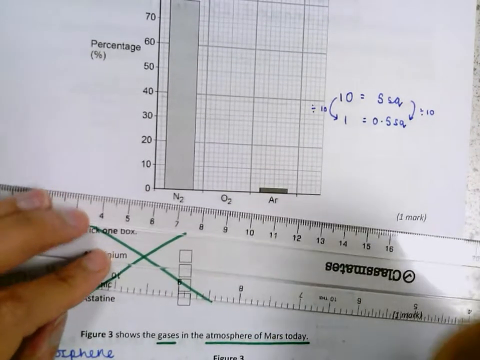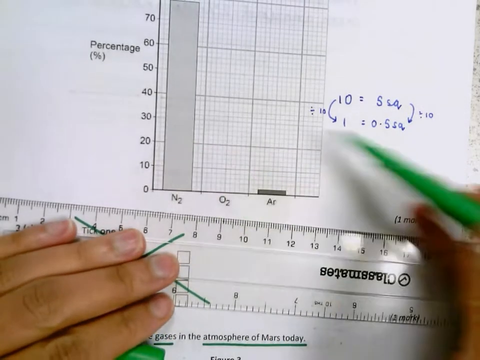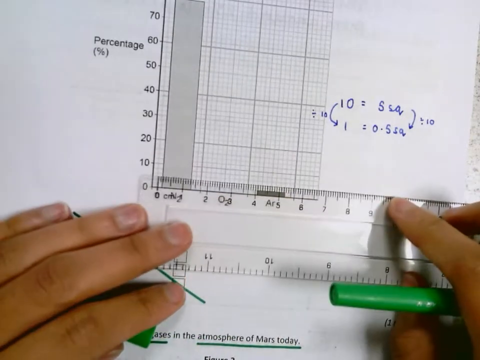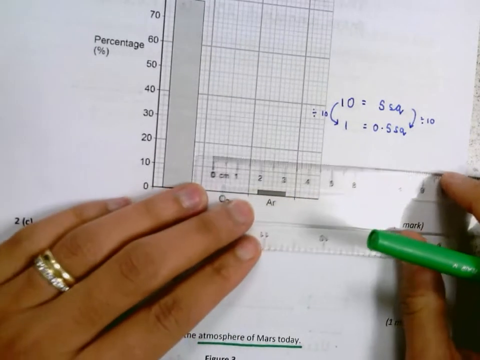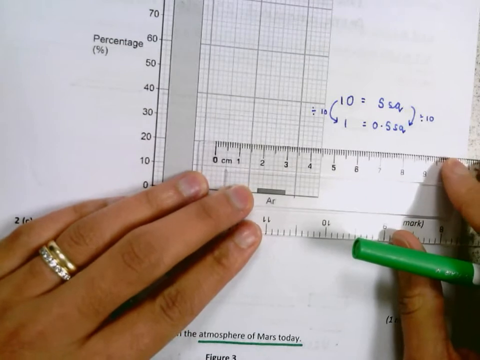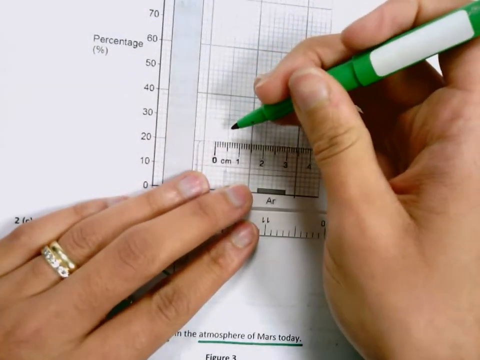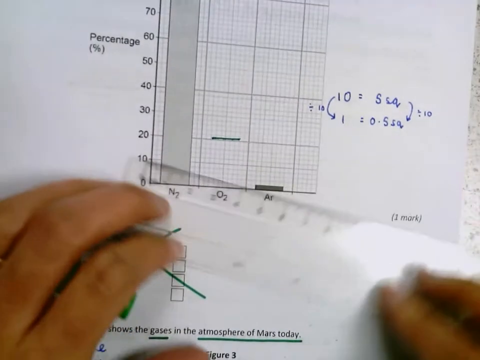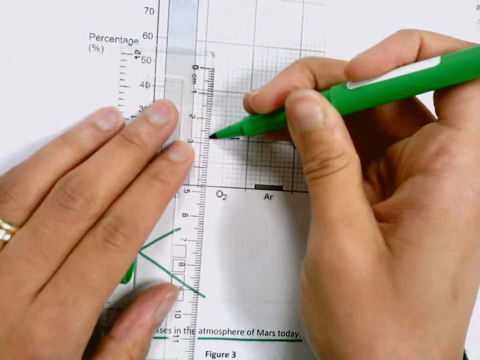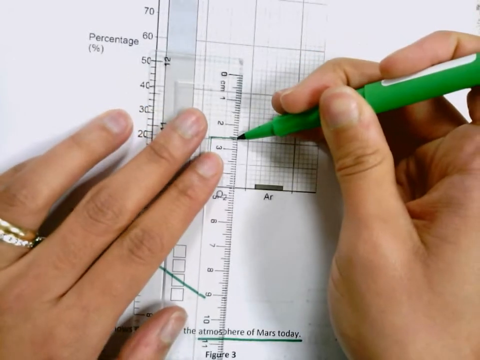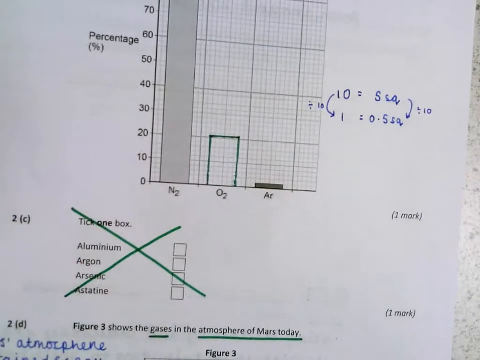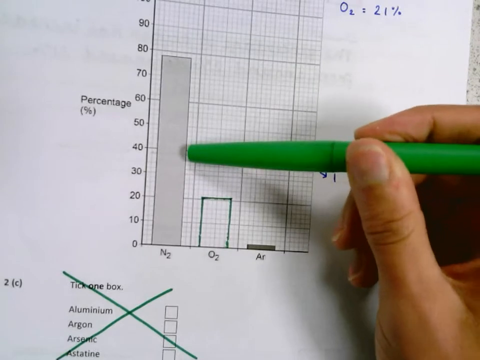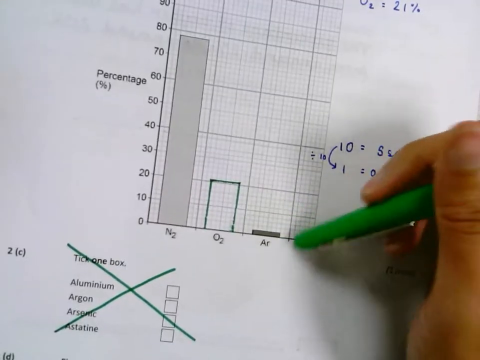I did that because we want 21, so we need to go half a square above 20, and it needs to be just over 1 centimetre wide, so it doesn't look really strange. That's about halfway up from 20, and that's oxygen. So the majority of the gas in the Earth's atmosphere is nitrogen, then oxygen, and a small amount of argon and trace gases.